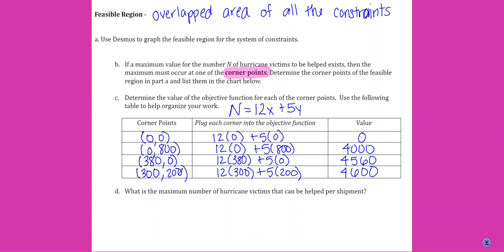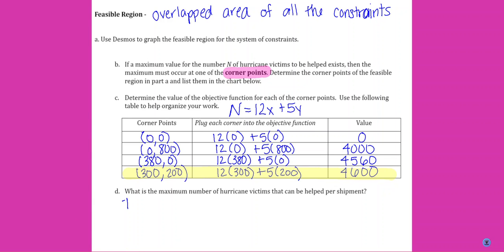So now we need to go back and answer the original question. What is the maximum number of hurricane victims that can be helped per shipment? Well, our coordinate that we put in the bottom row of our table came out to have the highest value in our objective function.